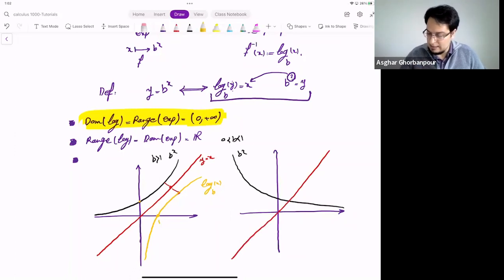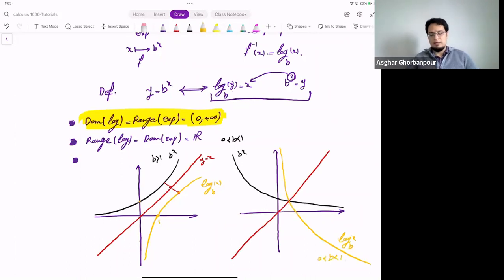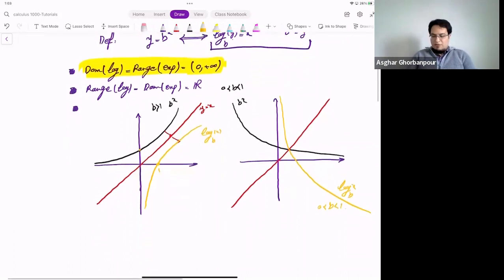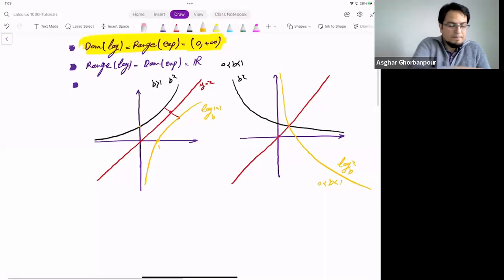And then the reflection will be something like this. This is log of x base b. Again, b is between 0 and 1. And just by looking at that, you can also find the range of these functions.